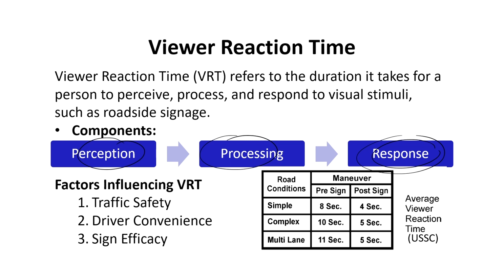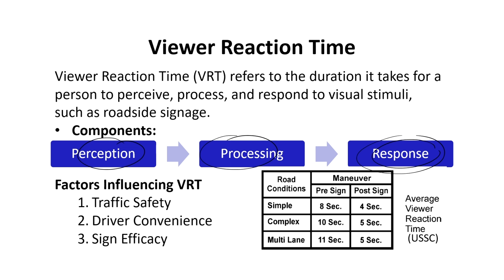Now, what are the factors which actually influence viewer reaction time? First is traffic safety. Viewer reaction time is influenced by traffic safety considerations. In busy or congested traffic conditions, drivers may have less time to react to the signage due to the need for increased attention to the surrounding vehicles and road conditions.